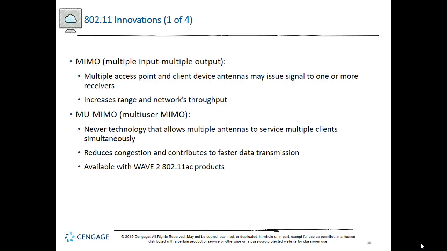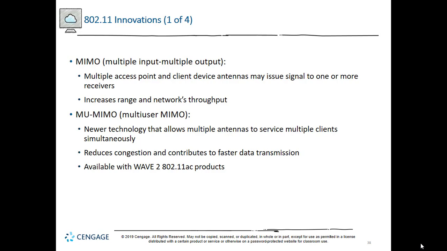Another thing we want to discuss is the multi-user, multi-in, multi-out. Now, it's similar to MIMO. It's related to it, but it's a newer technology. It came out with 802.11ac. It's kind of how we were able to get that gigabit speed.